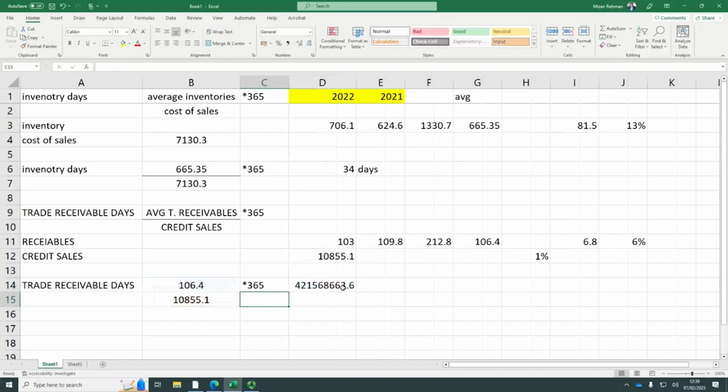This is incorrect. Okay, this should be a divide sign. There we go. Four days. So it takes M&S 4 days to collect money from their receivables, which is not correct.